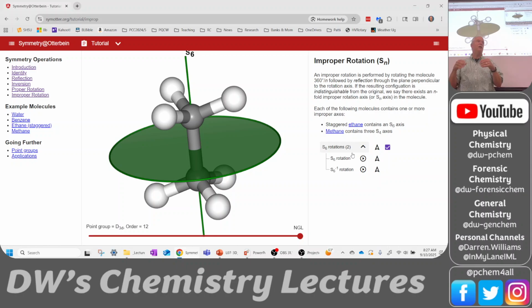Maybe some hyperfine splitting, but you'll be at 1 position in the NMR because they're chemically equivalent. Also, acid-base chemistry. Every one of these hydrogens has the same pKa because they're chemically equivalent. So if you can exchange any 2 atoms using a symmetry element, then by definition they have the same chemistry. So that's a very important chemical application of group theory.